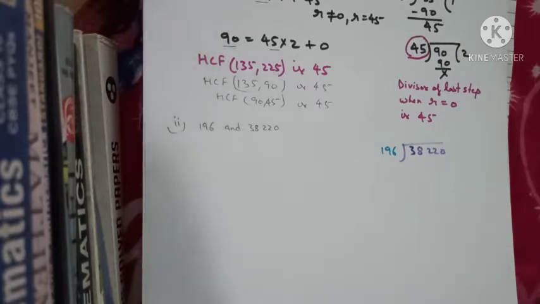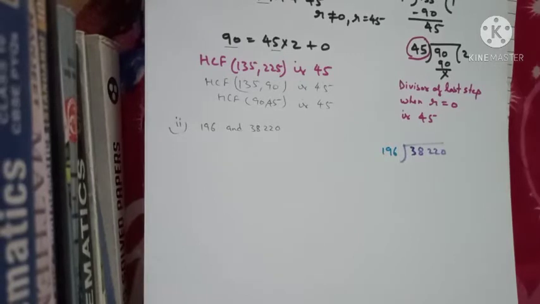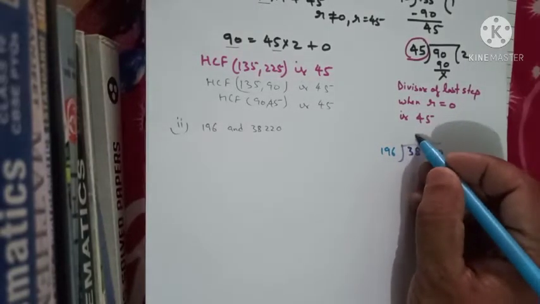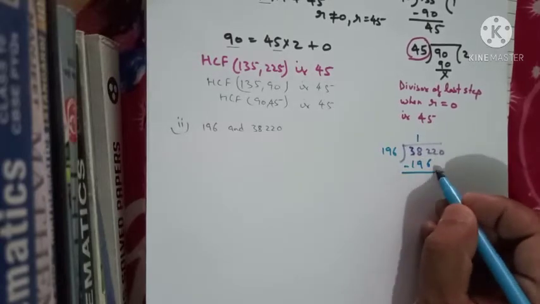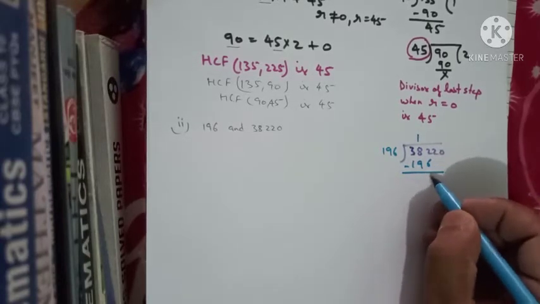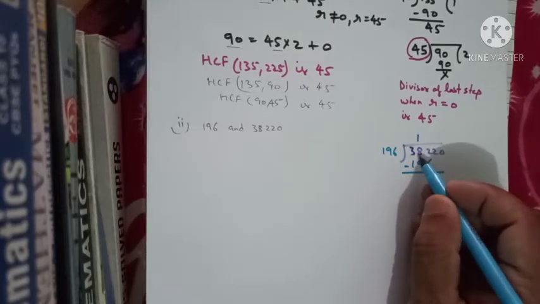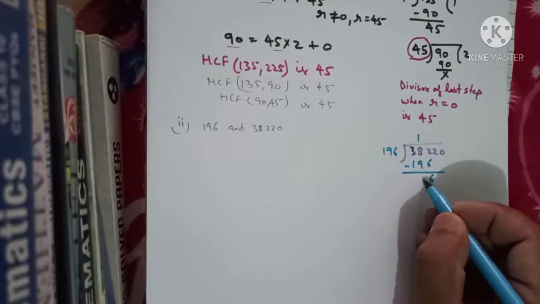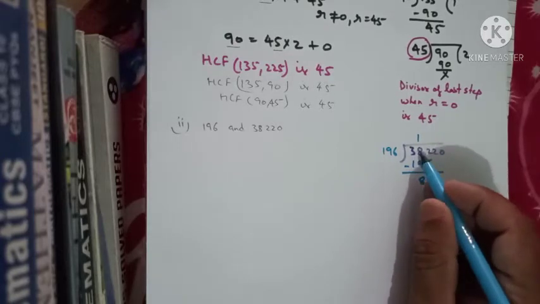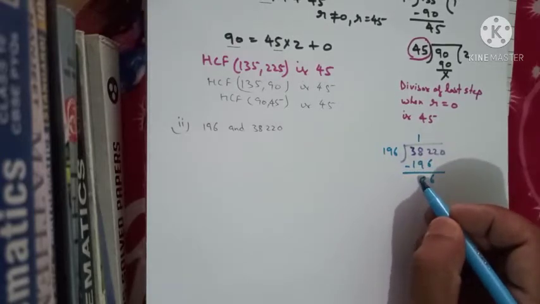So we are dividing 38220 by 196. 196 ones are 196, subtract: 12 minus 6 is 6, 17 minus 9 is 8, and 2 minus 1 is 1.